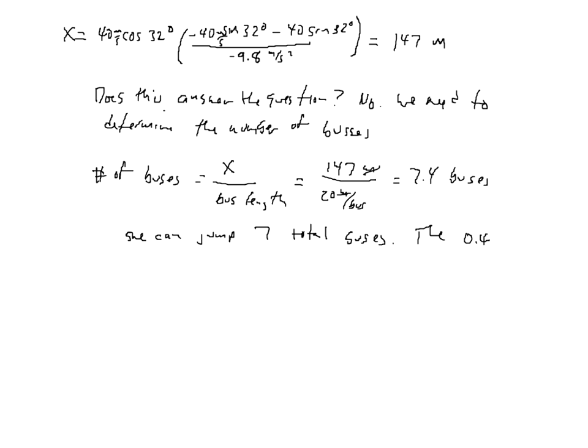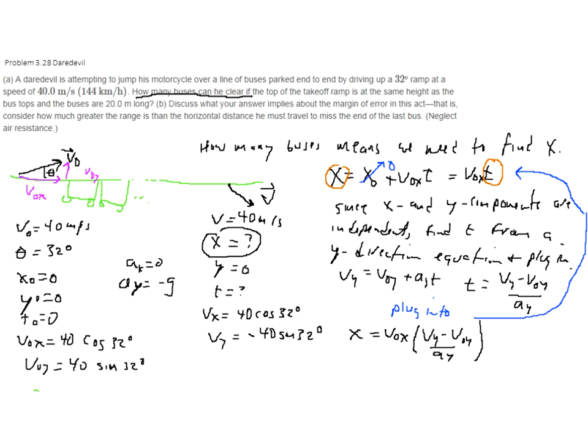The extra 4/10 of a bus is margin of error. Because it asks about that. It says, discuss what your answer implies about the margin of error in this act.